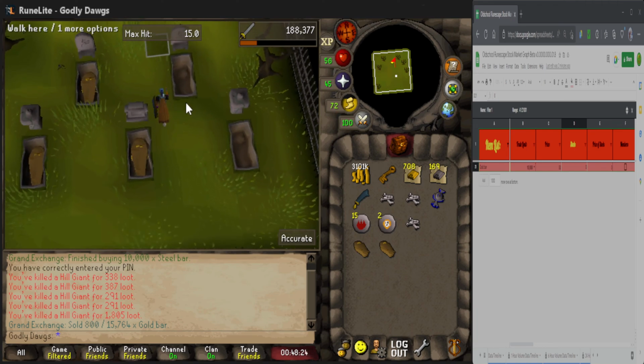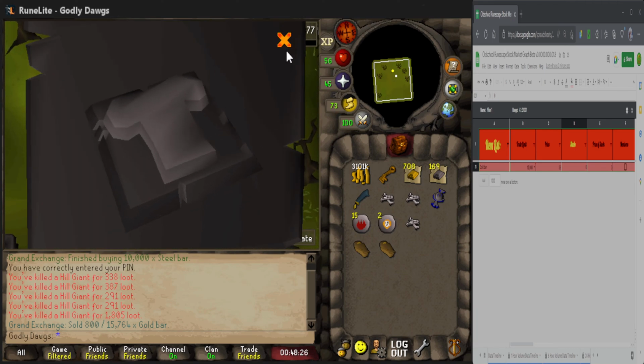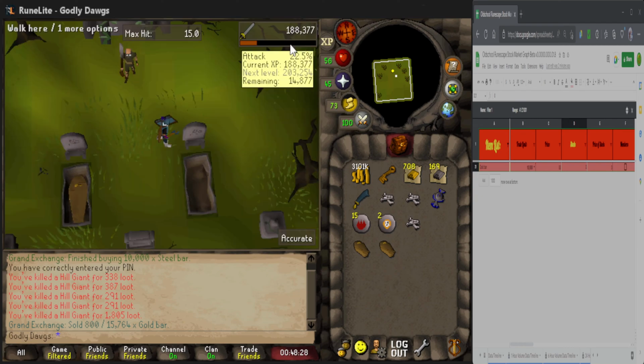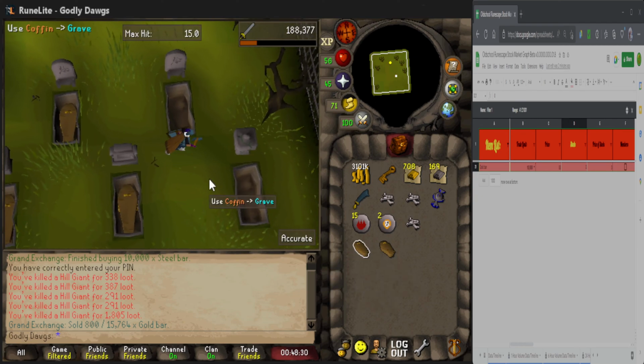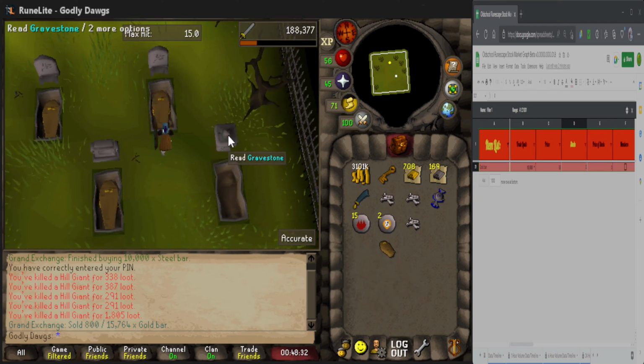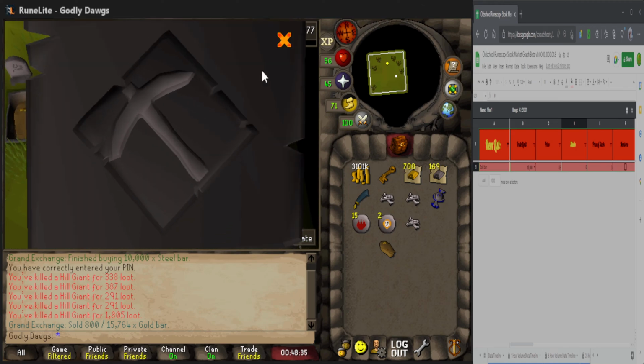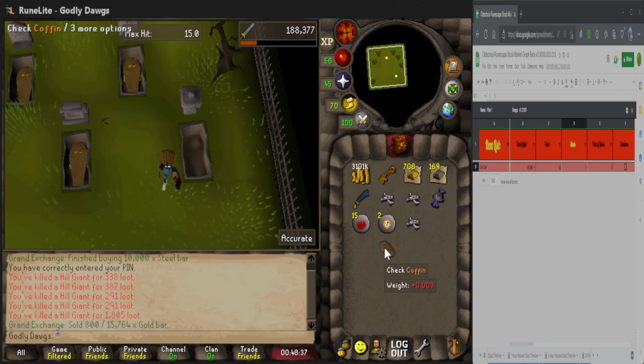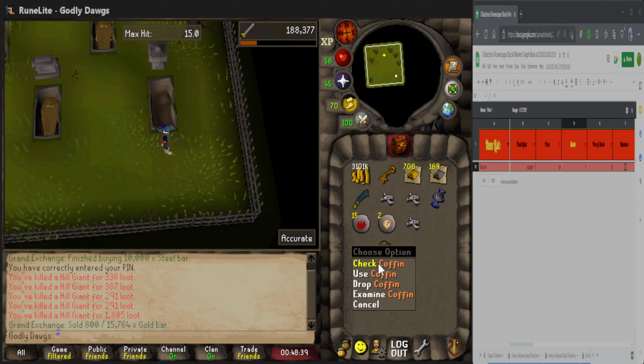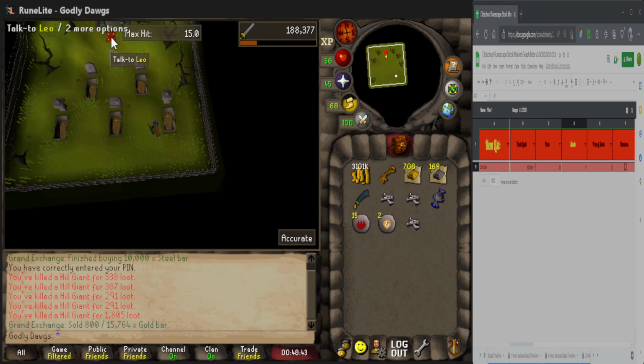Let's see what this one is. Okay, I think that's this one. Yeah. So the last one should be a, what is it? Yeah, it's a pickaxe. I think this is pickaxe. Yep. I always just double check so I ain't gotta go back.